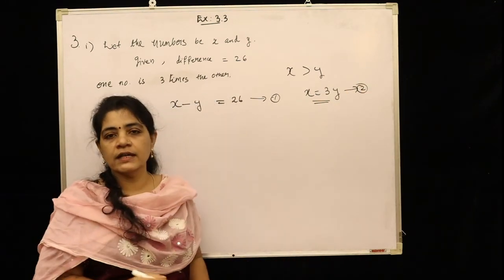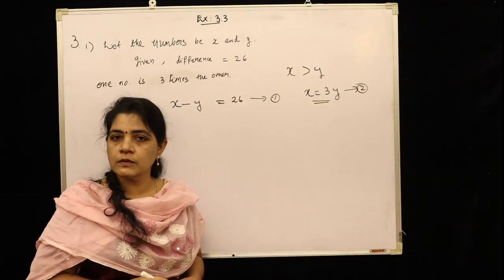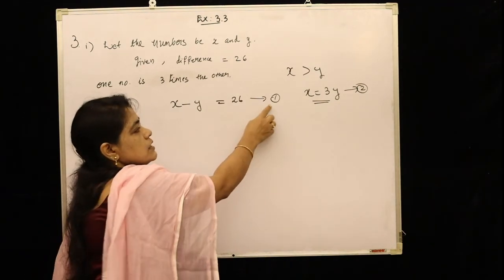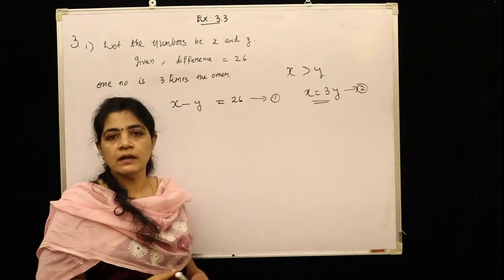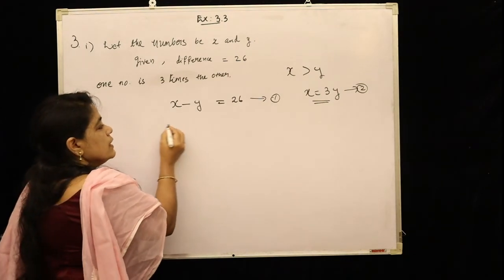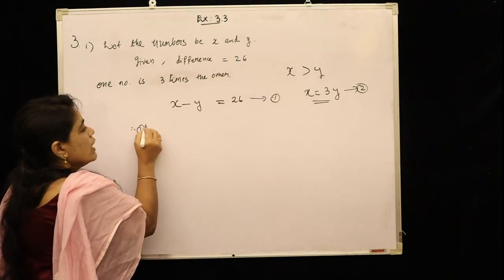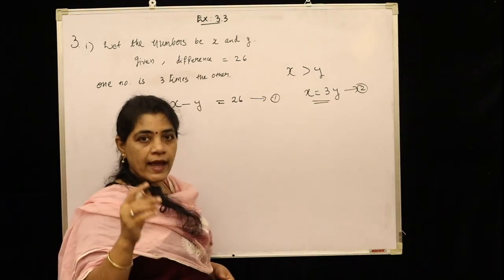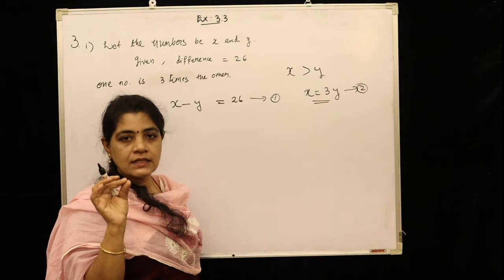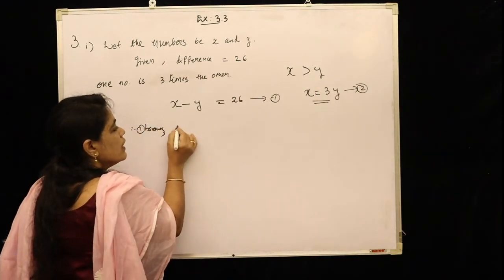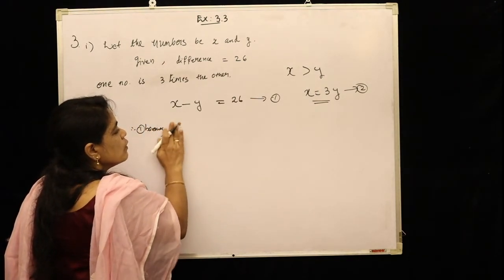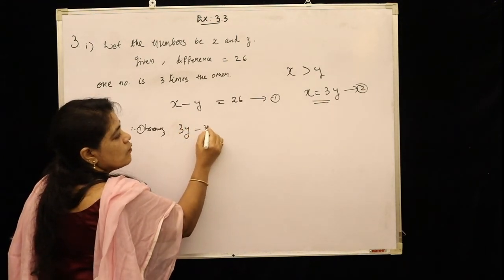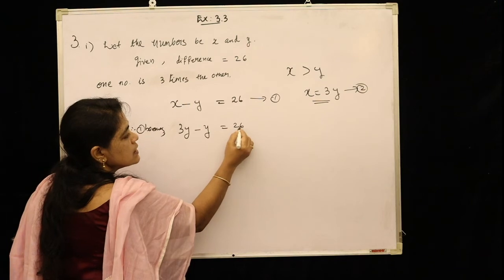We are solving by the substitution method. So I am going to substitute the value of x equal to 3y in the first equation. Therefore equation 1 becomes 3y minus y is equal to 26.